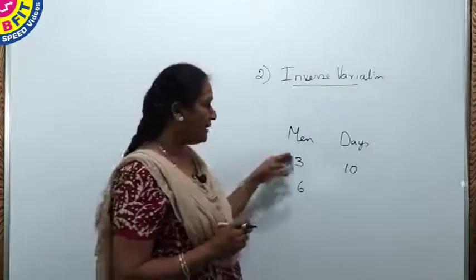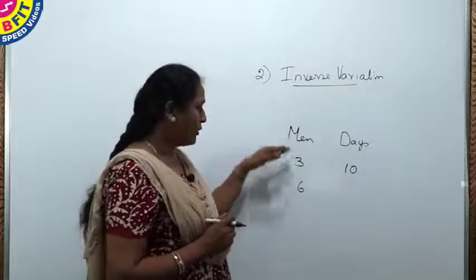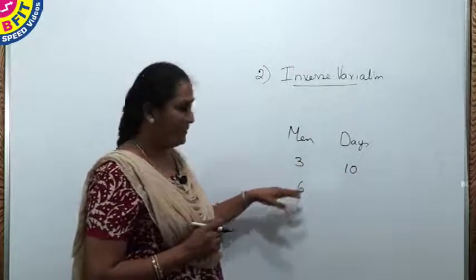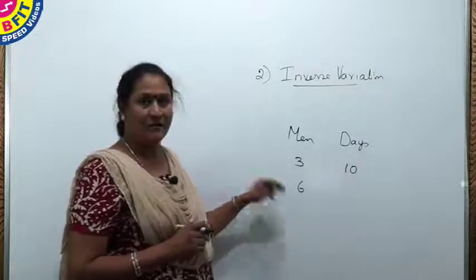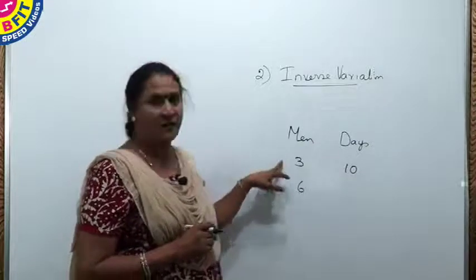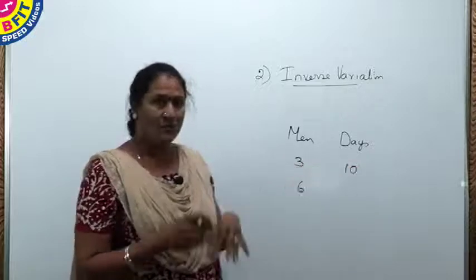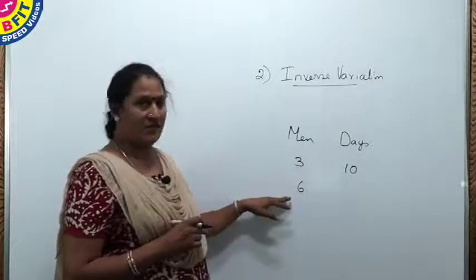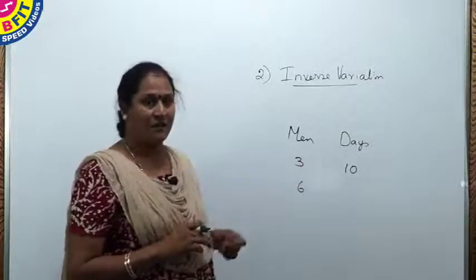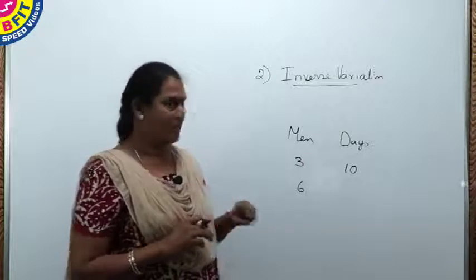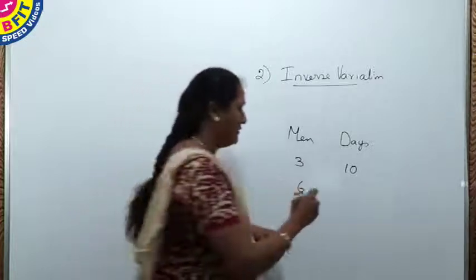If 3 men can do the work in 10 days, and more people are present, the number of days will be half. Here the men are doubled, so 6 men will take half the time taken by 3 men. If 3 men can do it in 10 days, 6 men can do the work in 5 days.